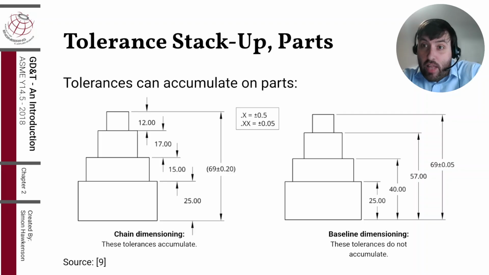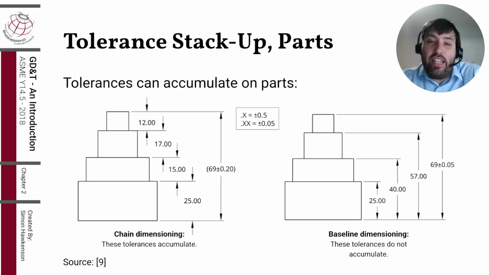The overall length, or height in this case, of the part can vary by 0.2 millimeters, even though the individual tolerances are set to 0.05 millimeters. This is because there are 4 dimensions with a tolerance of 0.05 that can accumulate. So 0.05 times 4, that's plus or minus 0.2 millimeters.